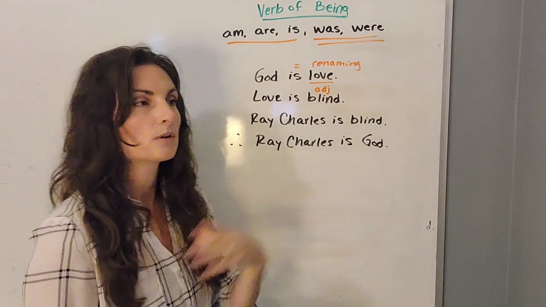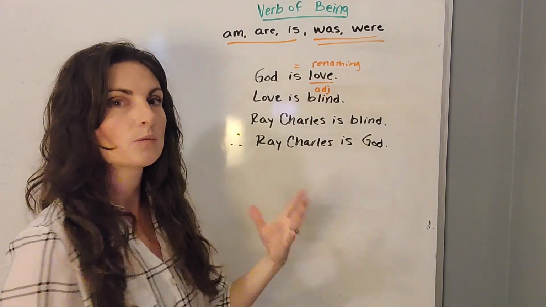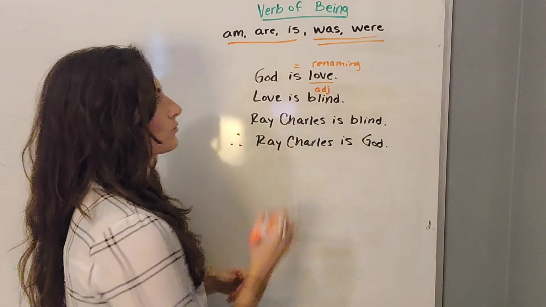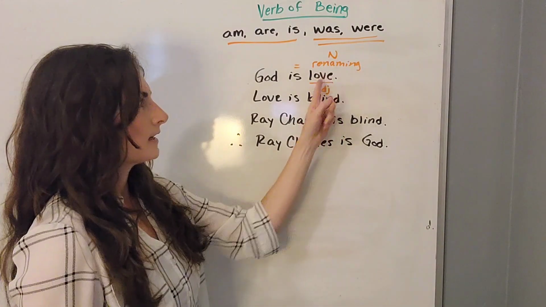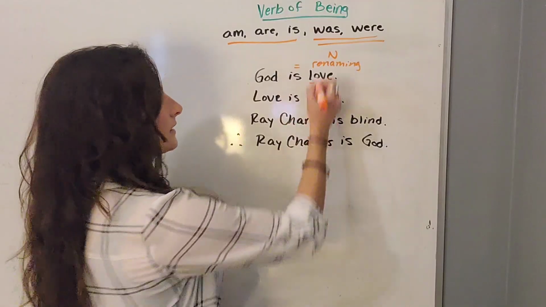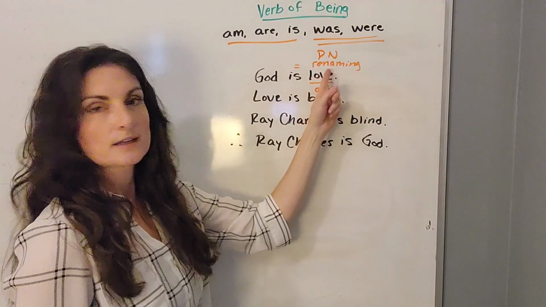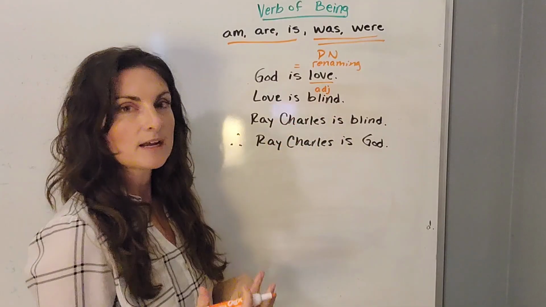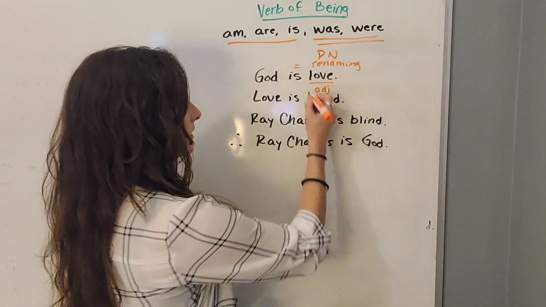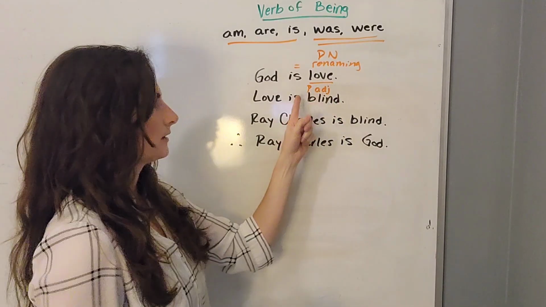Going back to grammar and essentials, you learn that when it's renaming, it's a noun, and it's in the predicate, so it's a predicate noun. So this would be an example of a predicate noun. Blind is an adjective, and it's in the predicate. So this would be labeled a PA.